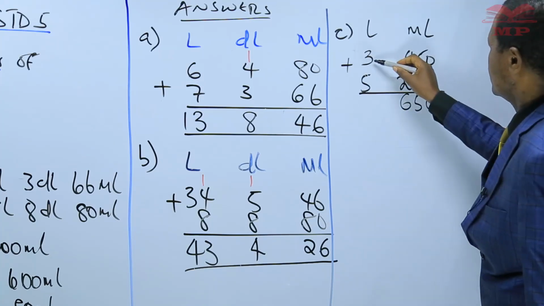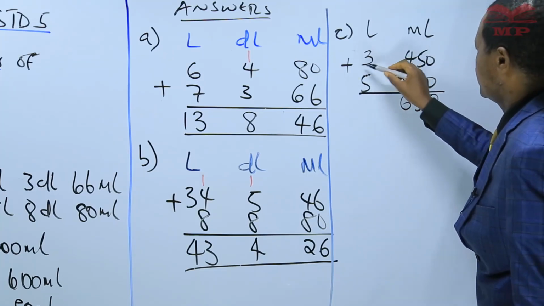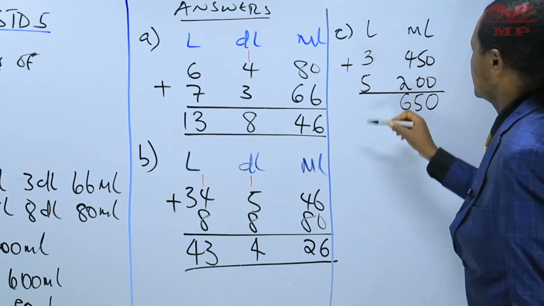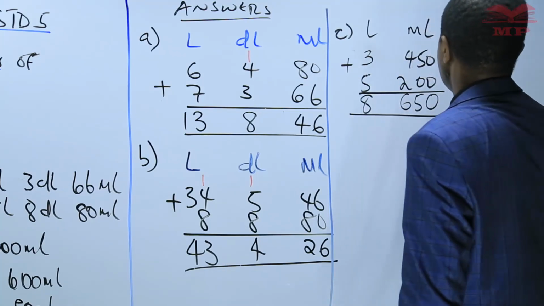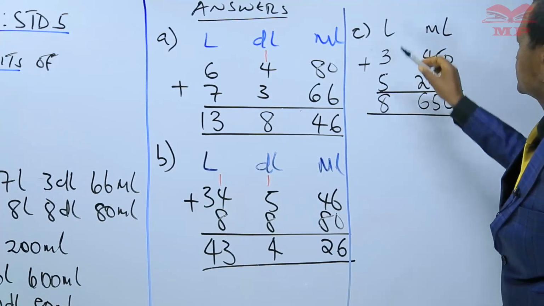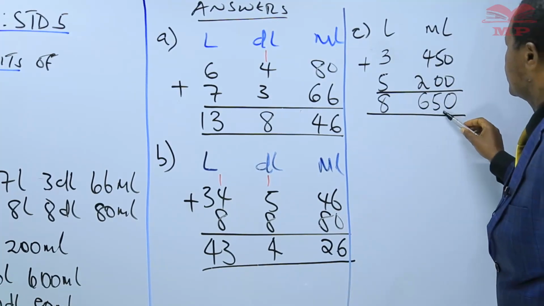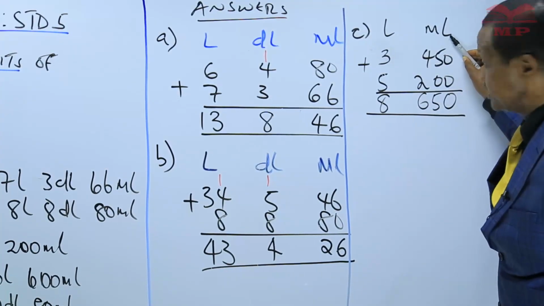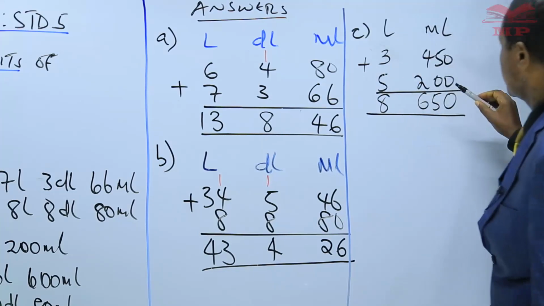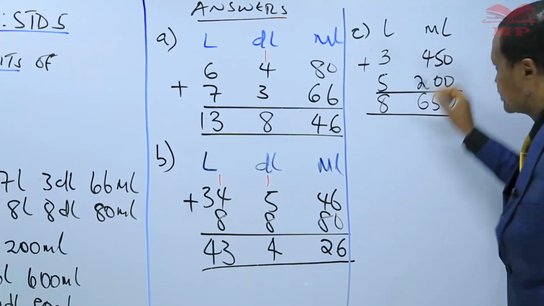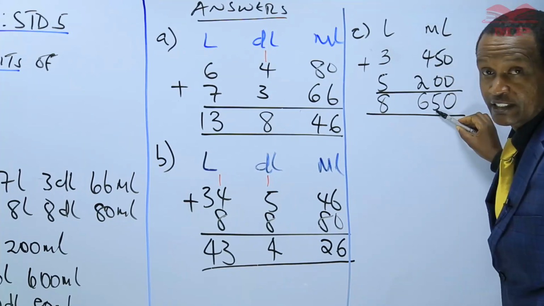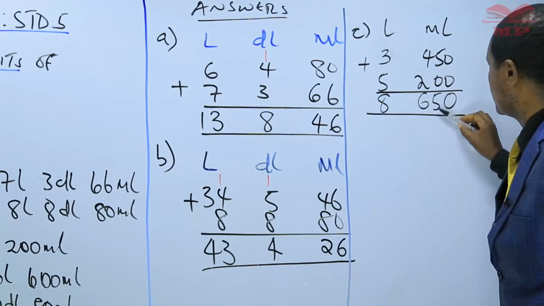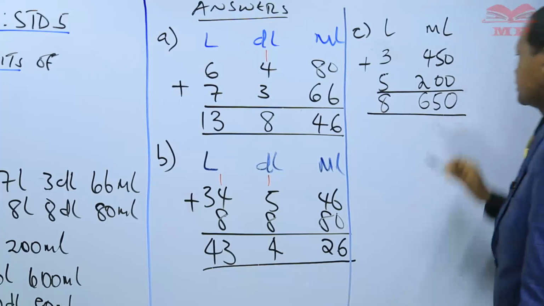Then 3 liters plus 5 liters is equal to 8 liters. So the answer here is 8 liters and 650 milliliters. There is nothing to carry over because 1,000 milliliters make 1 liter. This is less than 1,000. So it remains just as it is.